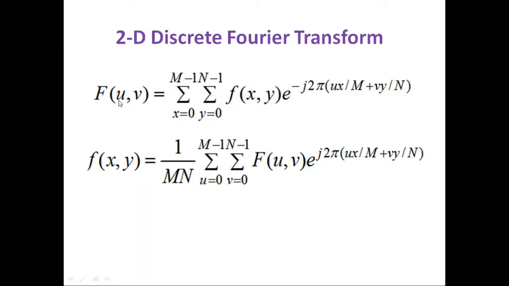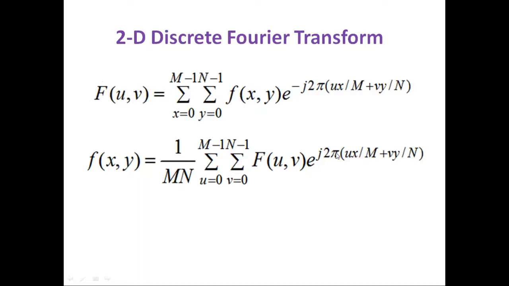Here u varies from 0 to M minus 1, v varies from 0 to N minus 1. Here f(x,y) is the image, x varying from 0 to M minus 1, y varying from 0 to N minus 1. Therefore, this image is of M by N size, so F(u,v) is also M by N.